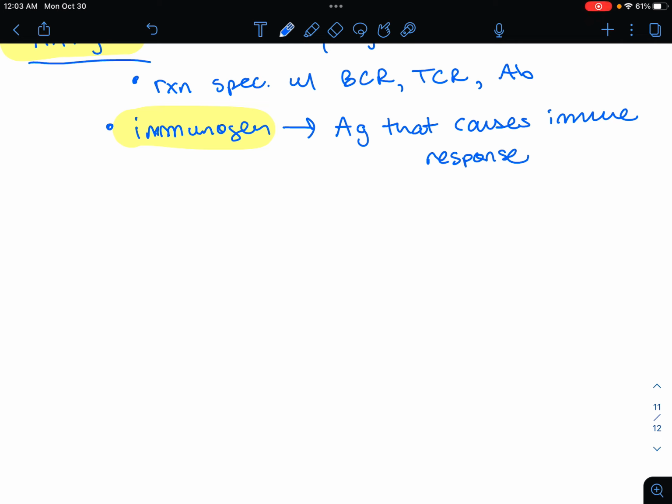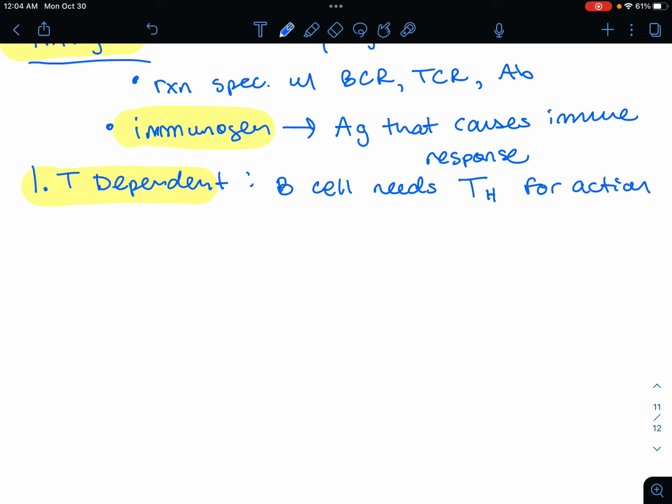There are two types of antigen, so usually there are T-dependent antigens. It's our first category of them. And this is where most of them are going to fall into. The B cell needs the T helper cell to be activated. And then we also have, of course, T-independent. These ones are going to activate without TH.